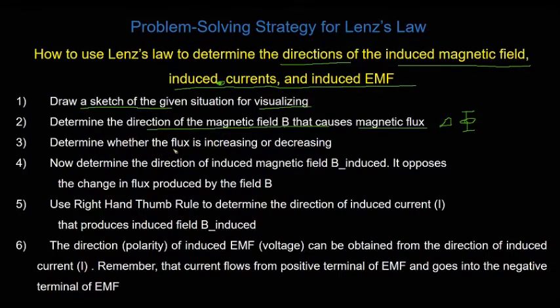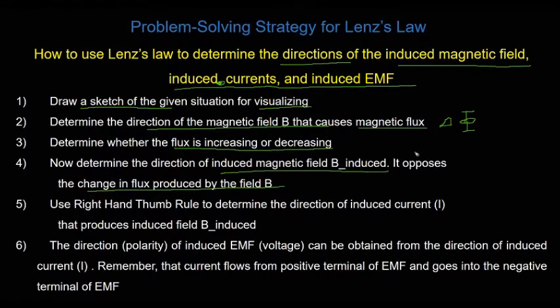Then we have to determine if the flux is increasing or decreasing. Now, determine the direction of the induced magnetic field. And how do I find that out? The induced magnetic field will be opposing the change in the flux produced by the field.